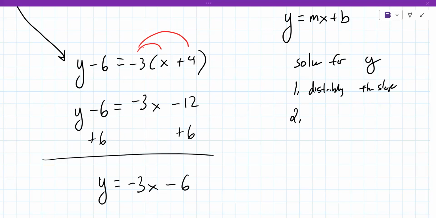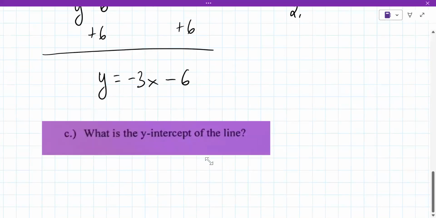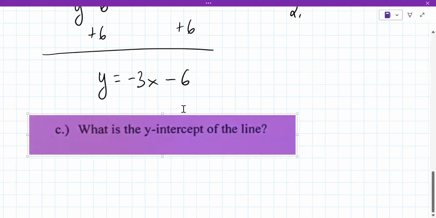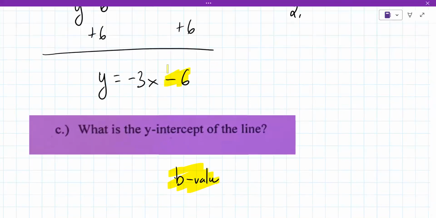So part C: what is the y-intercept of the line? Now you actually can read it right from this. It's the b value, and that ends up being -6. If you want to write it as an ordered pair, it's (0, -6). Is the b value always the farthest one on the right?